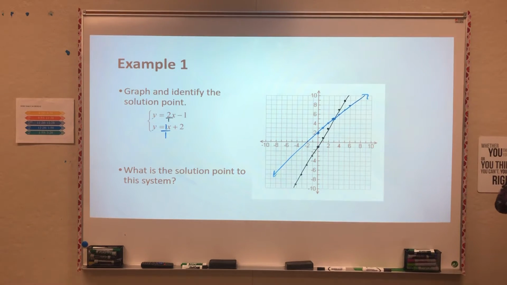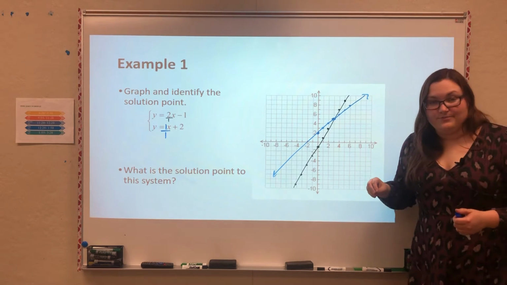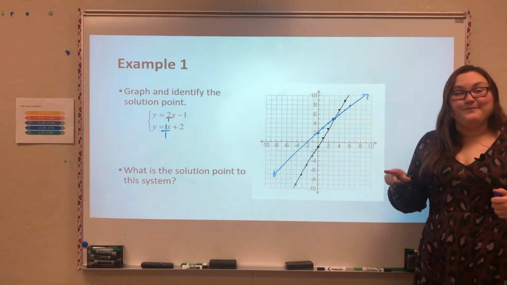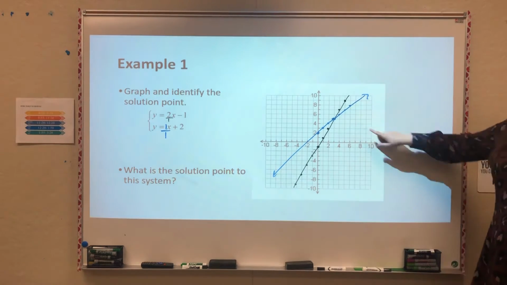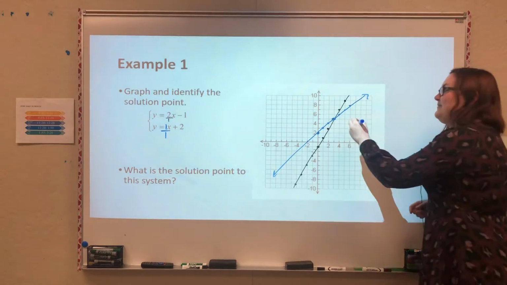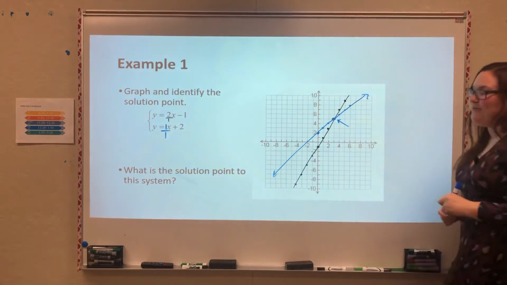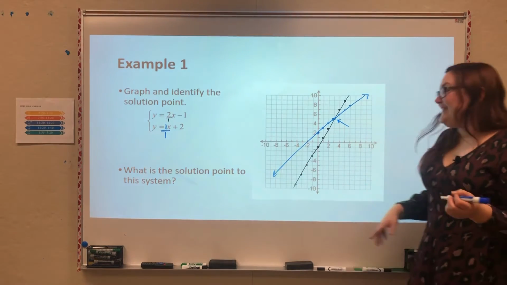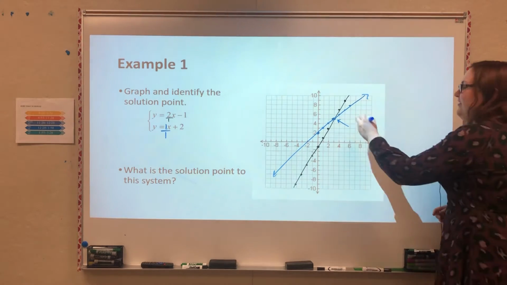So the question is asking, what is the solution point? If I'm using that definition of solution points, that solution points for systems are the points that lie on both lines, I see here there's only one point that lies on both of those lines. It's that point right there. Now, if I'm answering the question, what is the solution point? I need to label that point.